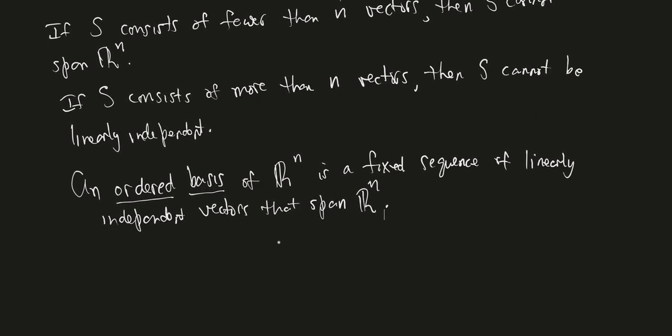So if we have one of these where the order is fixed, so we can literally say the first vector in our basis, the v1, and the second vector in our basis, the v2, then this now allows us to define formally this idea of coordinates. So let's say this. So let S equals v1, v2, dot dot dot vn.